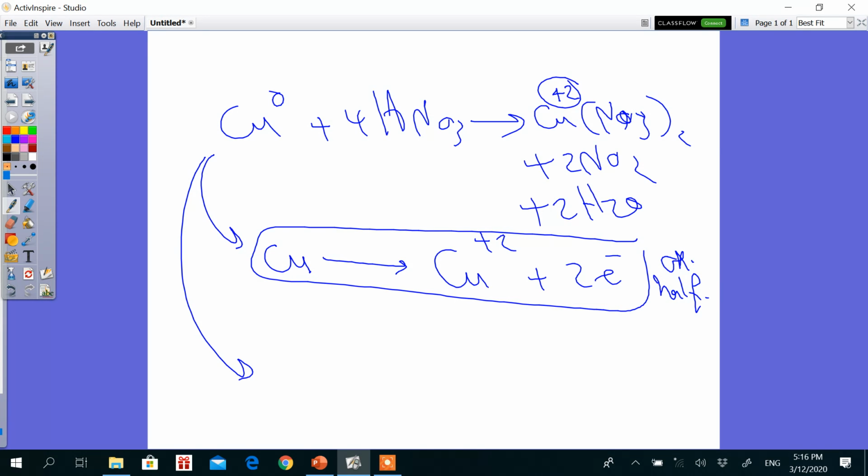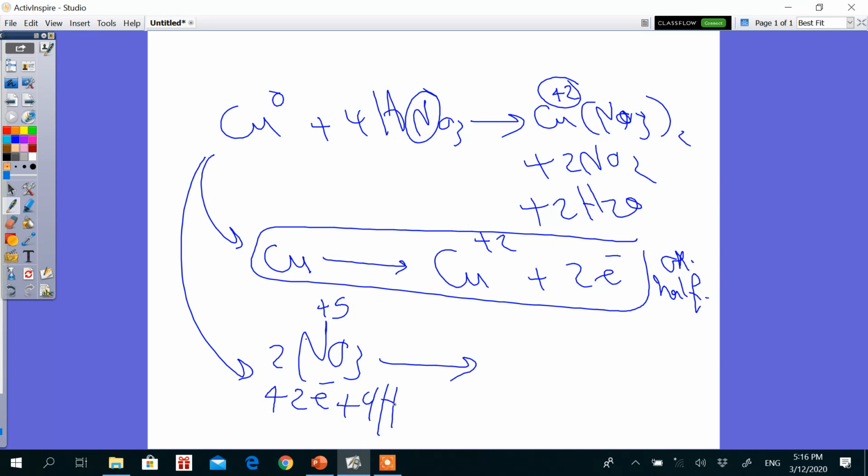We will find that in nitrate, 2NO3 in nitric acid, the nitrogen is positive 5. It changes into 2NO3 plus 2 electrons plus 4H positive, so it produces 2NO2 plus 2H2O.